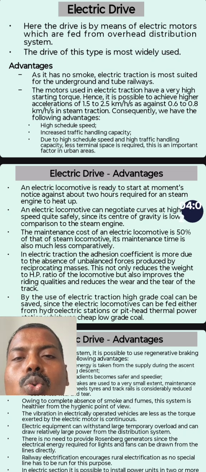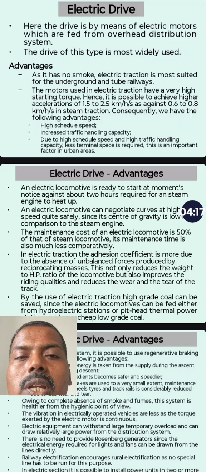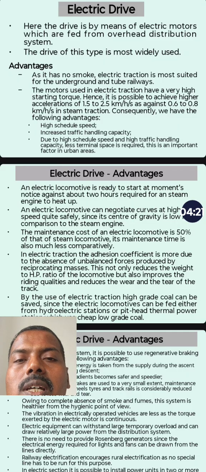The electric drive is most suitable for underground and tube railways also. The electric traction motors are used for propelling the engine. It has a very high starting torque, so it is possible to achieve higher acceleration, normally 1.5 to 2.5 kilometers per hour per second, against steam traction.